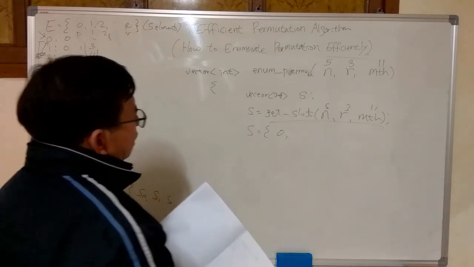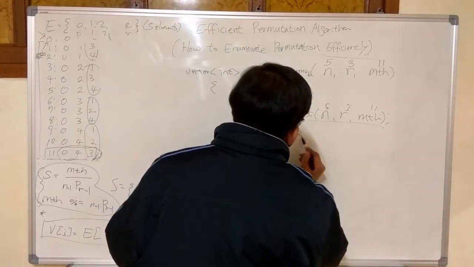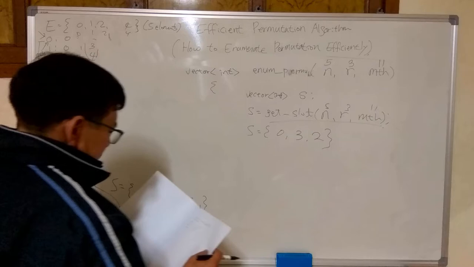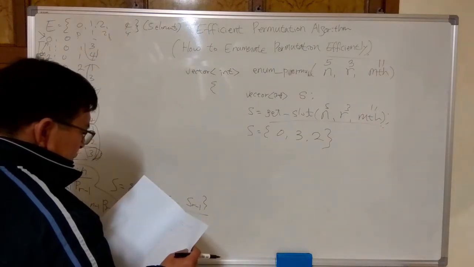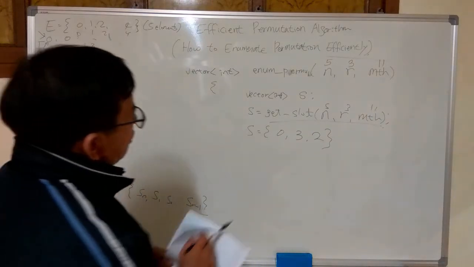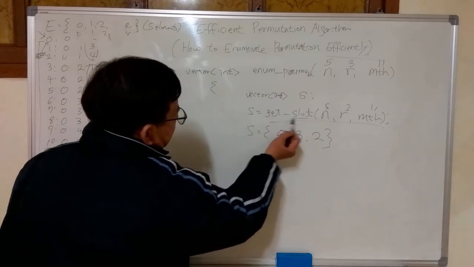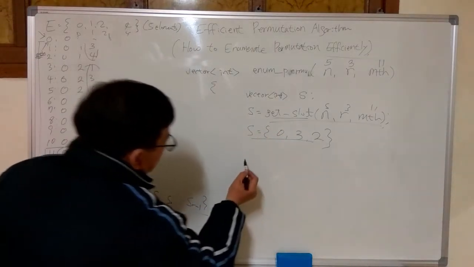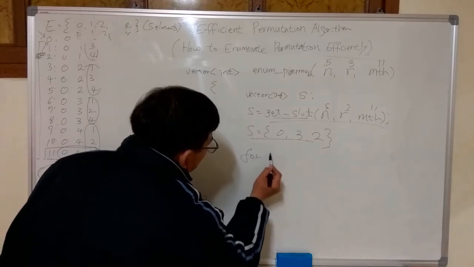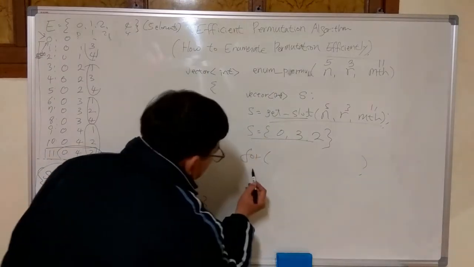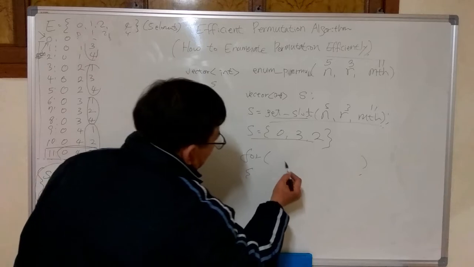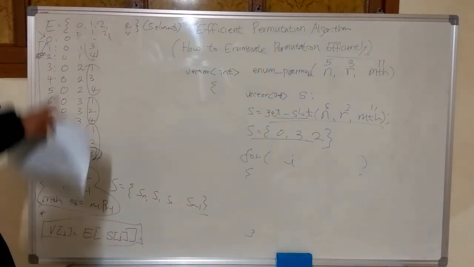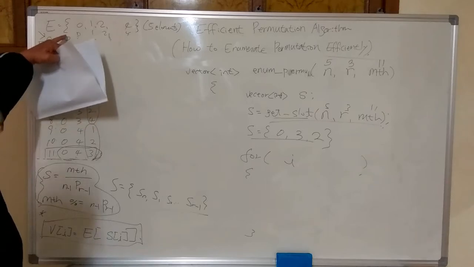It becomes 0, 3, 2. This function will return 0, 3, 2 to this set. Then we are doing a loop for index I, for example, from this set.